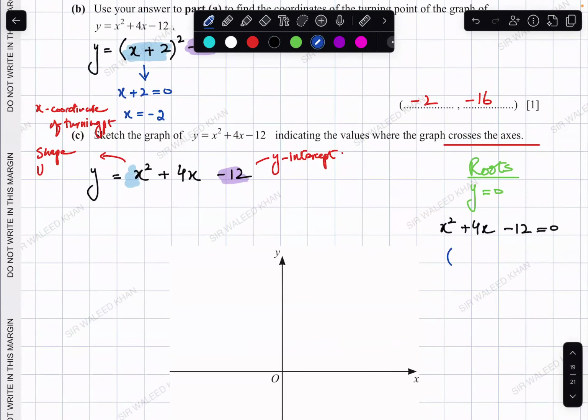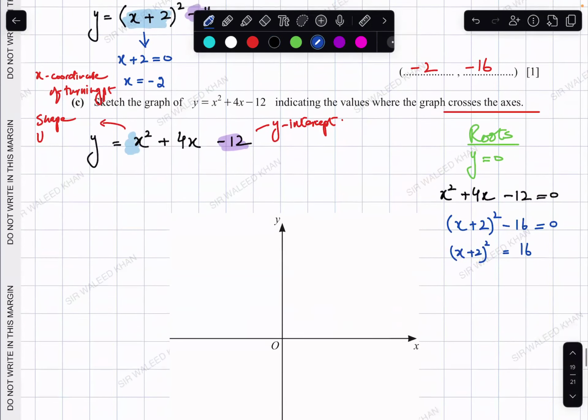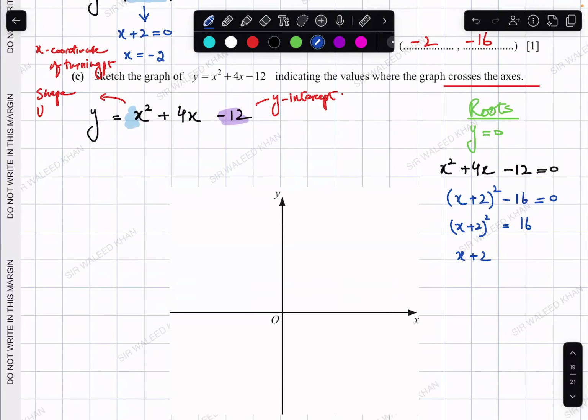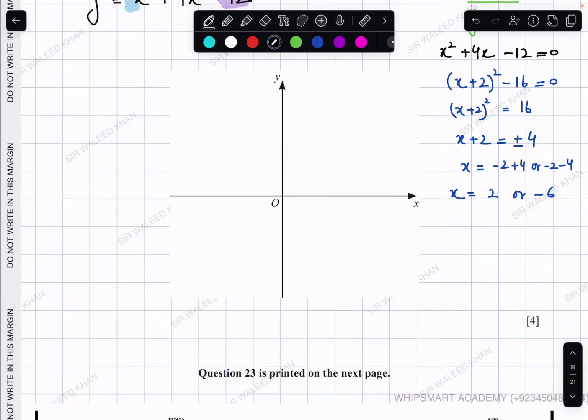The completing square form, which is (x plus 2) whole square minus 16 is equal to 0. So (x plus 2) whole square is equal to 16. X plus 2, take a square root, you get plus and minus 4. And x is equal to negative 2 plus 4, or negative 2 minus 4. So you have two values of x. X is equal to 2 or minus 6. You can use this as well, or you can use middle term breaking as well.